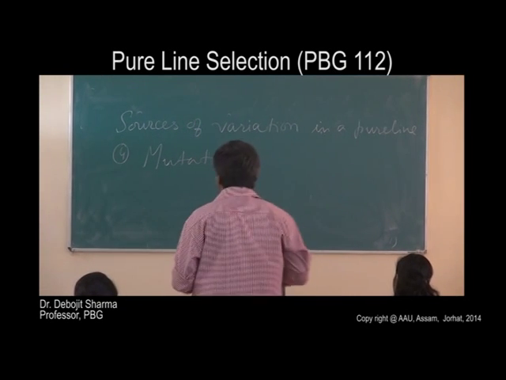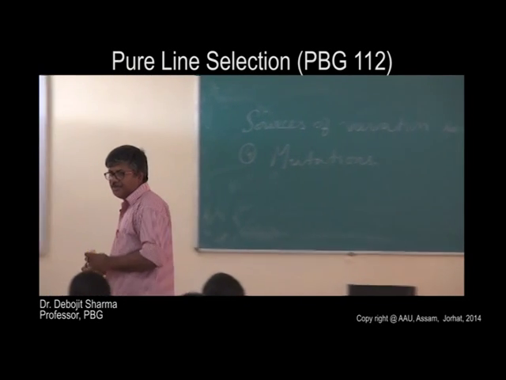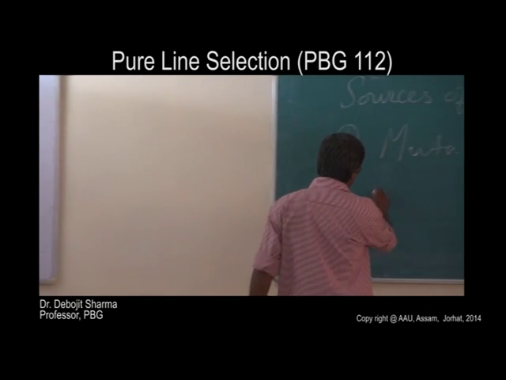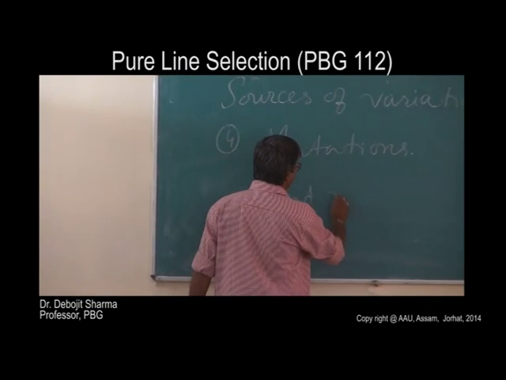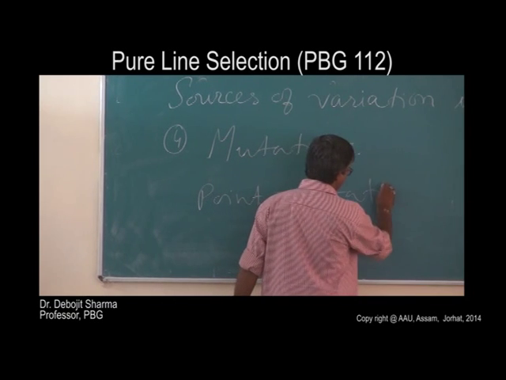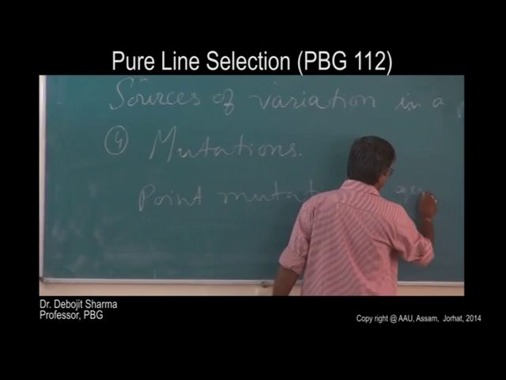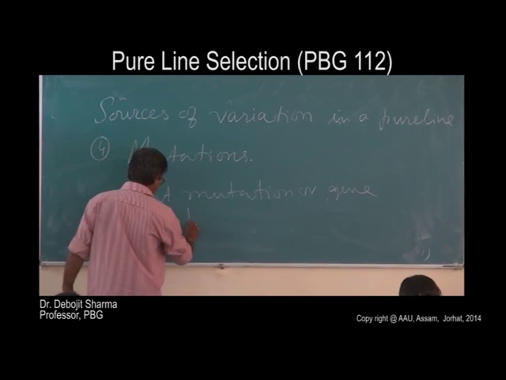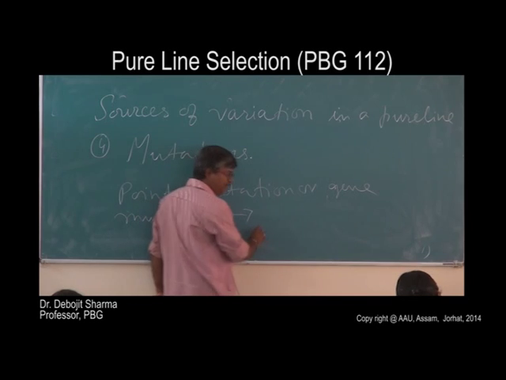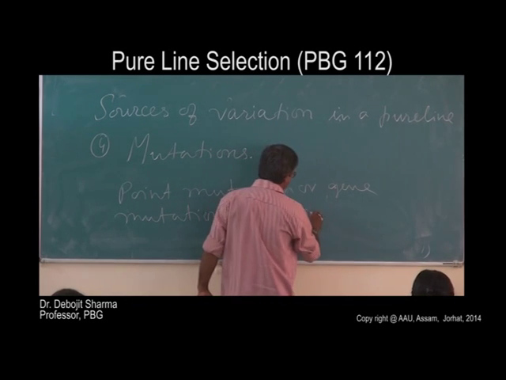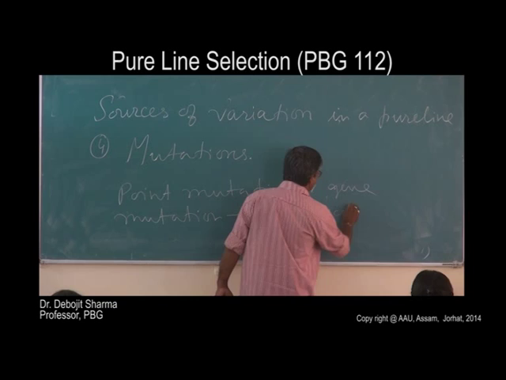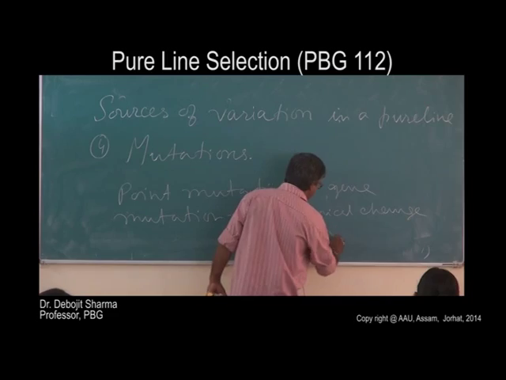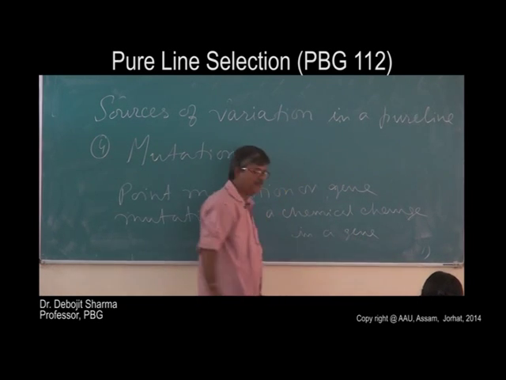And when there is a chemical change in a gene, it is referred to as point mutation or gene mutation. It refers to a chemical change in a gene.